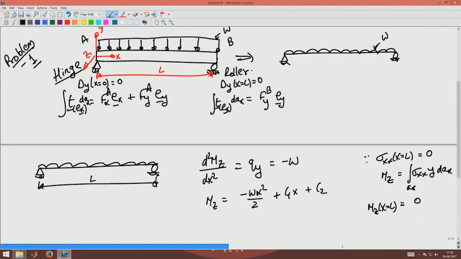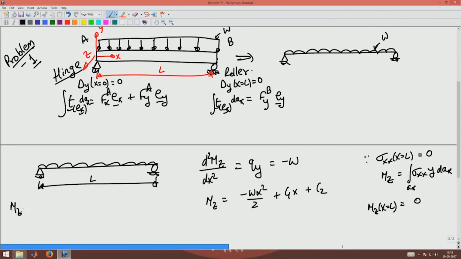If I cut there, I have exposed sigma xx, there is nothing on the other side, sigma xx is 0, the support does not provide that sigma xx, and hence at this end also Mz at x equal to 0 has to be 0.